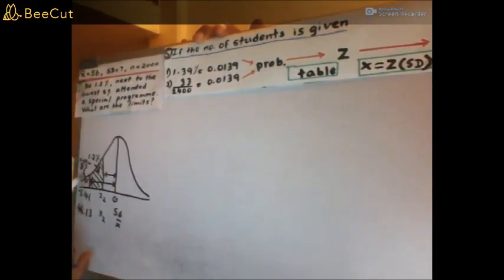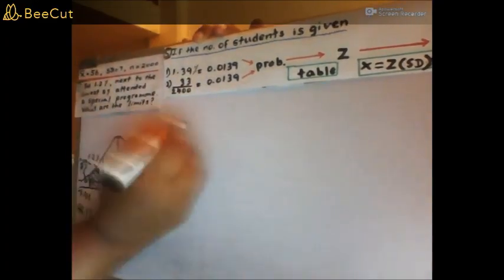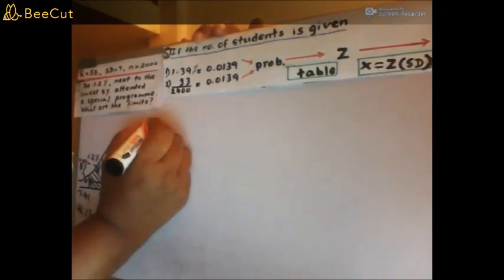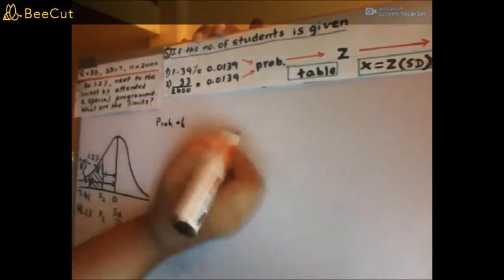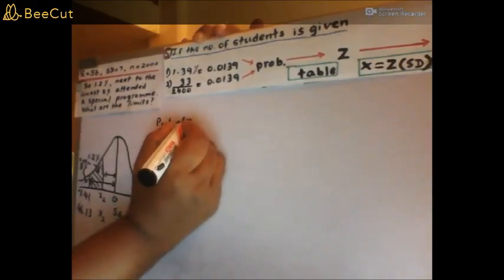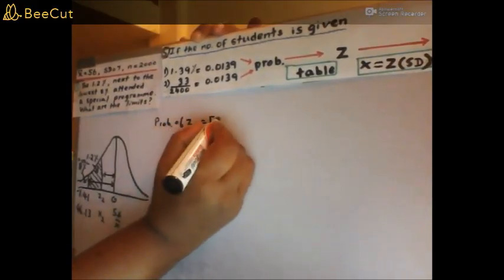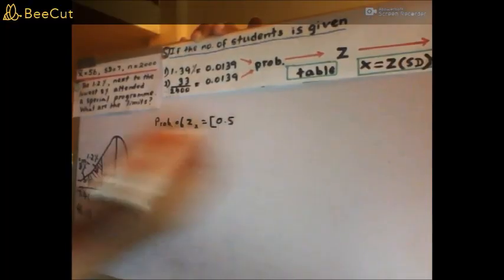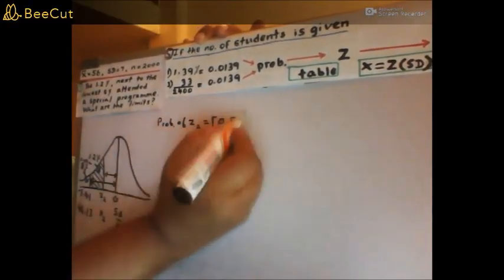So we have to deduct this whole area, right, from 0.5. So probability of Z2 equals, we have to deduct this whole area from 0.5.